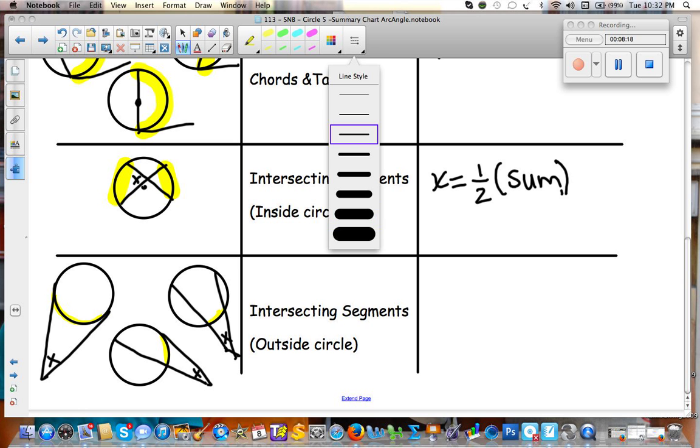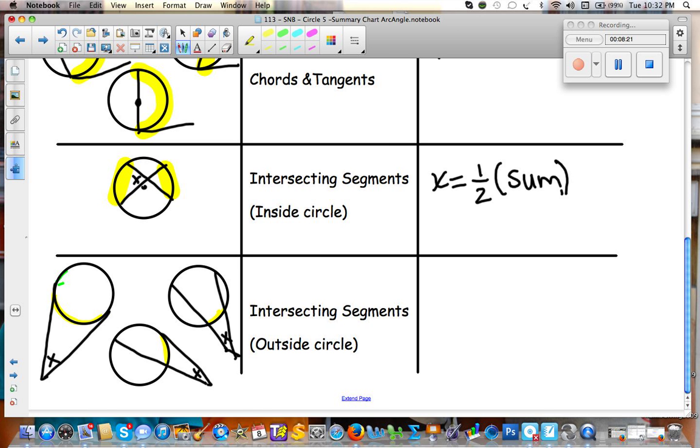This time it's going to be the difference in those arcs, and the difference that we're going to come up with here is always going to be the positive difference. We wouldn't have a negative value there. So it's always going to be the larger minus the smaller.